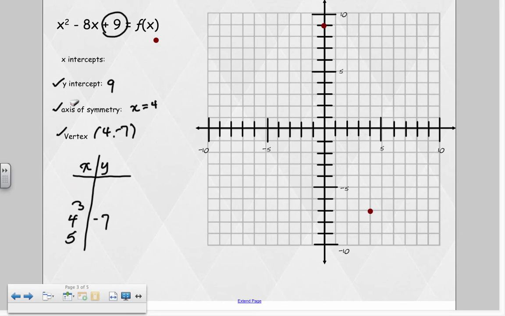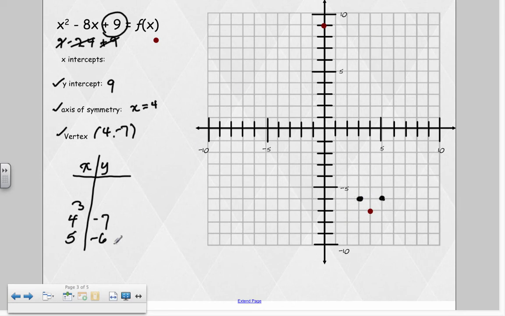If I put a 3 in here, 3 squared is 9. 9 minus 24 plus 9. Well, look at that. 9 and 9 is 18. 18 minus 24 is -6. So when I put a 5 in there, my answer is -6. Therefore, if I put a 3 in there, my answer is -6.